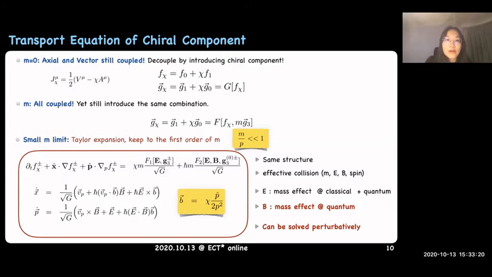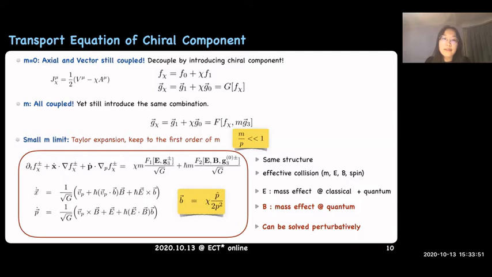Now, although we have introduced the same chiral component, it is related to some other components of the Wigner function. And when the mass is extremely small, we can take the Taylor expansion with respect to the mass and keep only the first order of mass. And we find we can derive the same free streaming part as the CKT equation.